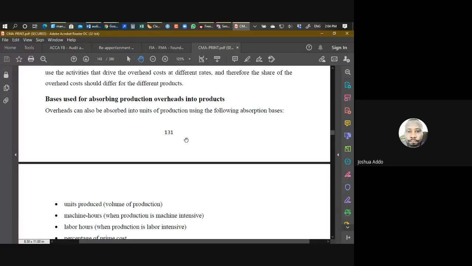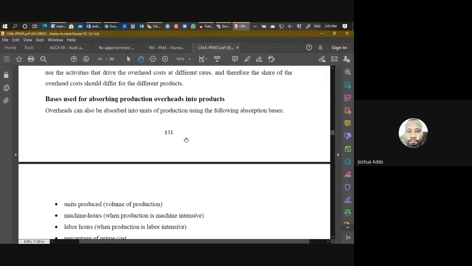So that one, on one hand, and then machine hours on the other hand, that is the opposite. If the production setup is highly mechanized, more machines than labor, that one is also based on the simplified assumption that since most of the activities we do in the factory are machine related, it follows that the indirect costs will be generated from machine activities.